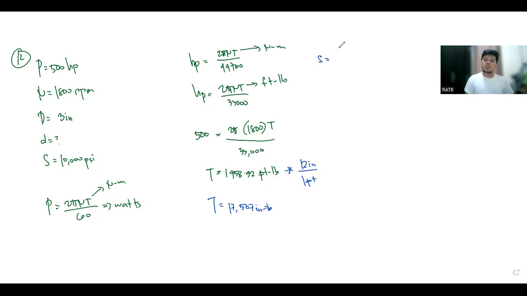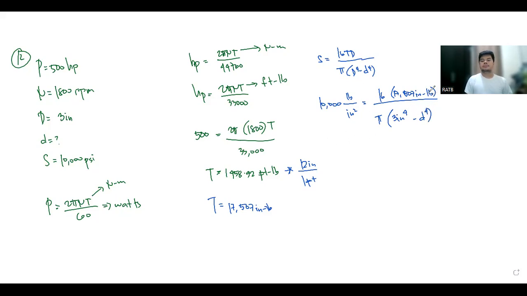So stress, that's 16 T D divided by pi times D to the power of 4 minus d to the power of 4, equal to 10,000 psi, pound per inch square. That's 16 times 17,507 inch-pound, with D being 3 inches.